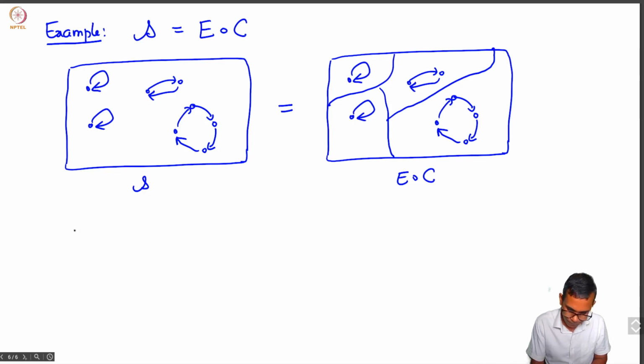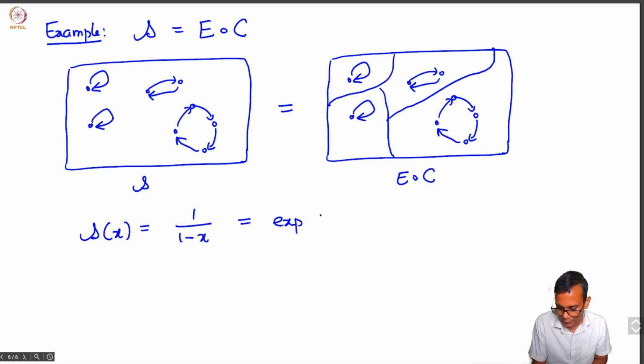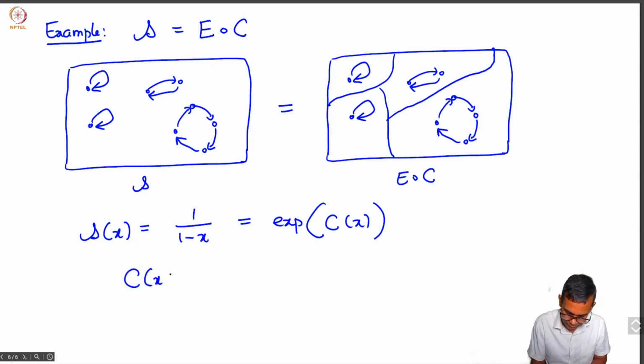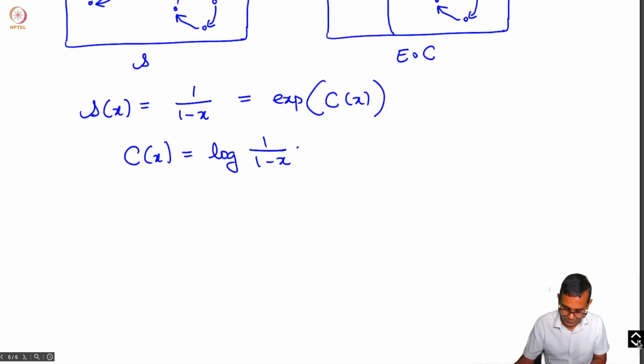And you can again write down the generating series is 1 over 1 minus x, which is the exp of the generating series of C. So we know the generating series of S, and so again from this we can get the generating series of C. Just log of 1 over 1 minus x, something which you can calculate by other means as well.